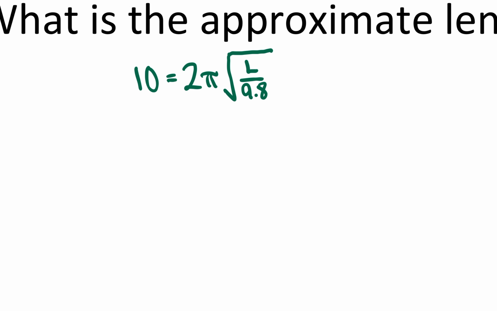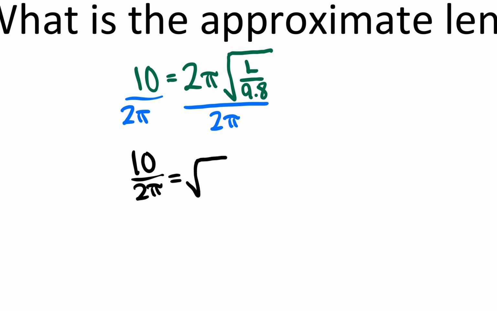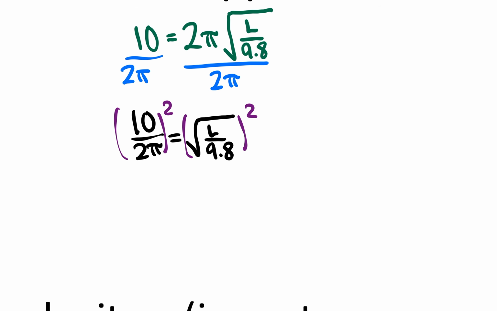So for this one, I am going to divide both sides by 2 pi. You can definitely do this. This will leave me with 10 divided by 2 pi is equal to the square root of L over 9.8. Then I want to get to L, right? So I need to square both sides. All right.